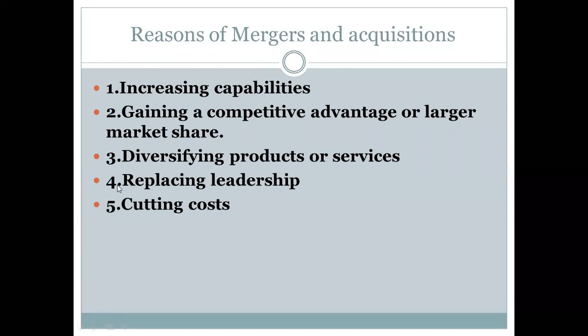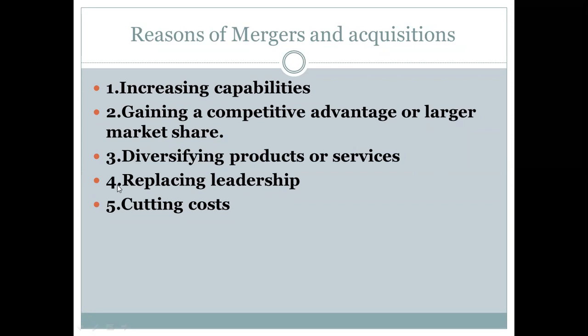Then the owner may also wish to cash out to invest their money in something else, such as in the retirement process. Whenever the owner feels that there is a retirement process or a need for replacement of leadership, the process of merger and acquisition is done in this case.